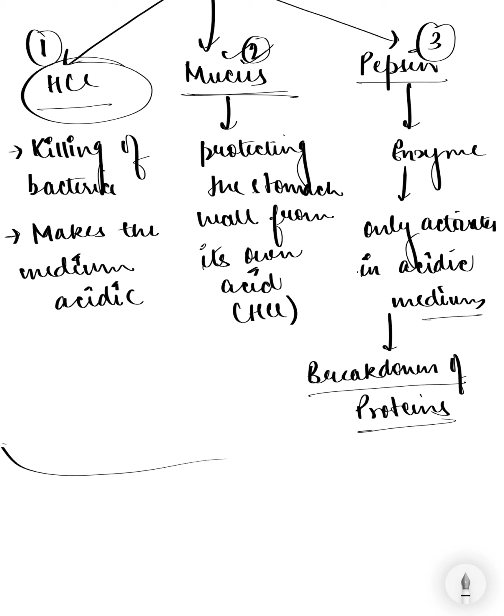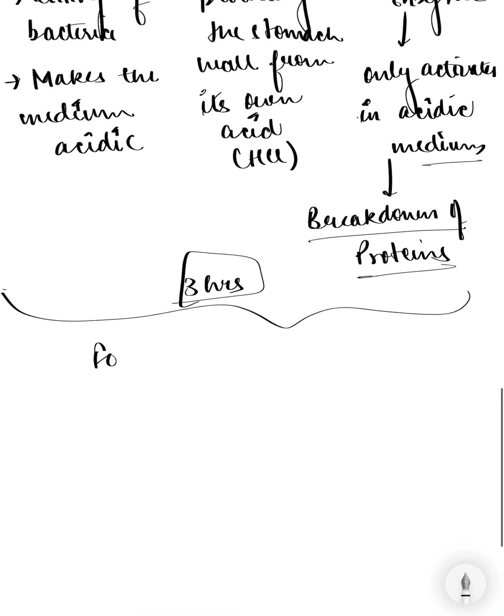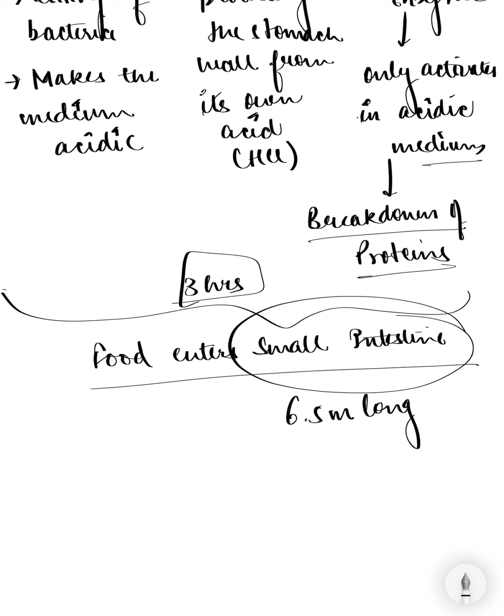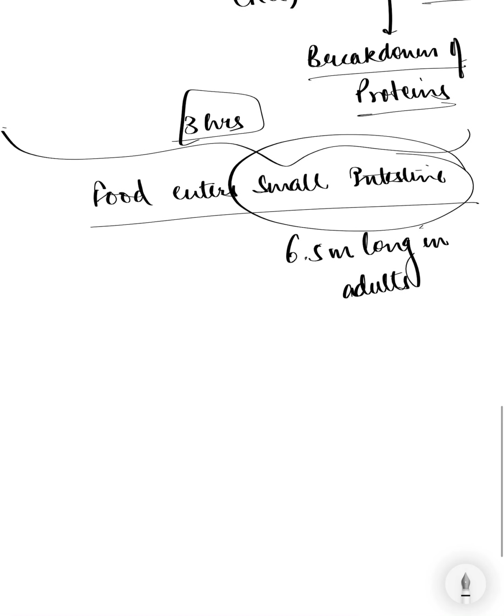Now, after 3 hours of digestion in the stomach, the food enters the small intestine. This small intestine is 6.5 meters long in adults, and this length depends on certain factors. Now what are these factors?